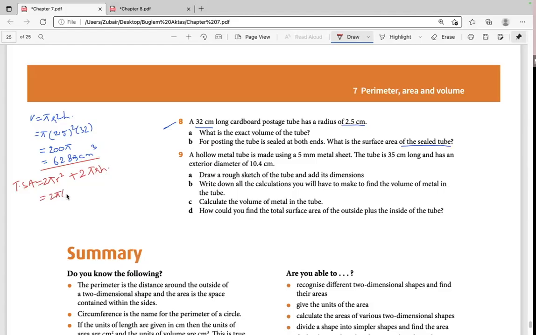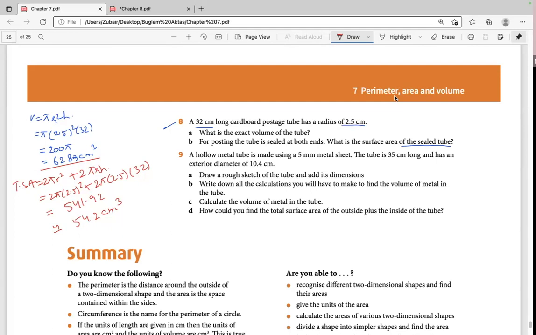Correct. 1,759.3? 2 pi r squared plus 2 pi r h.